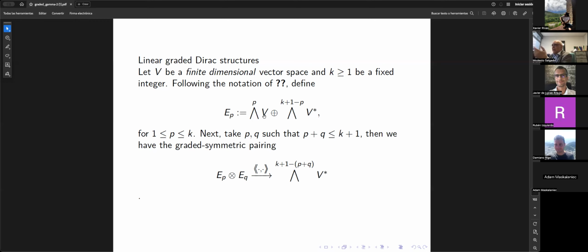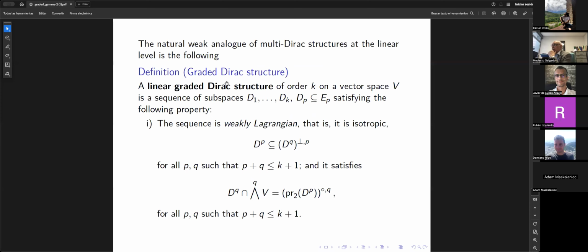And this is just the same notation used by Van Kersaver and the other people, which is the pairing. And so we define a graded Dirac structure in this way. So a family of subspaces, we are in the linear case, D1, Dk, Dp is a subspace of EP, satisfying these properties.